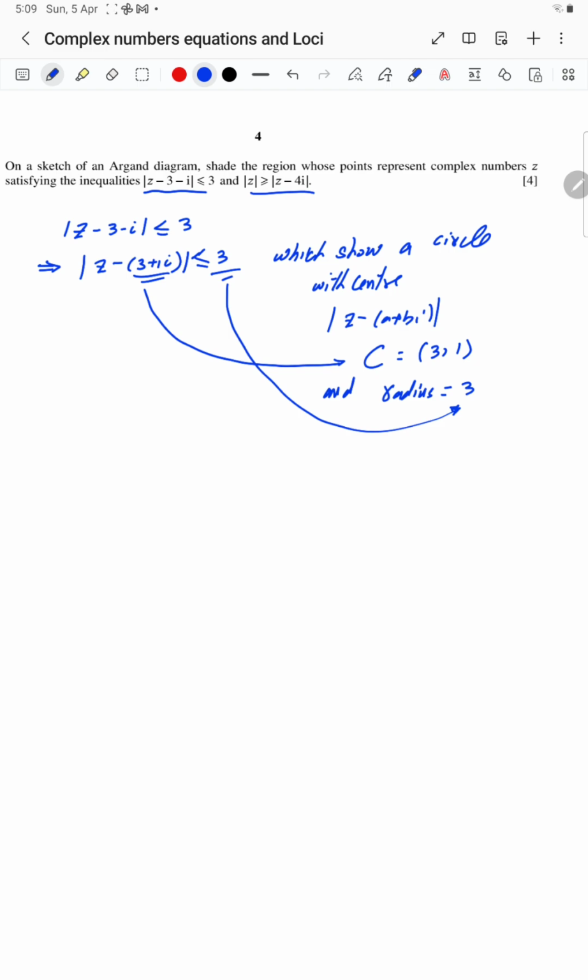Now we have to plot this first. This is an Argand diagram. Here we have the real axis along the x-axis, real of z, and vertically we have the imaginary axis of z for the complex number. Try to keep equal spacing on both axes.